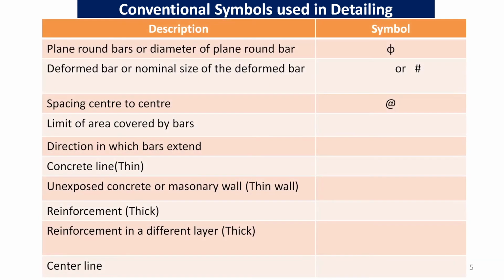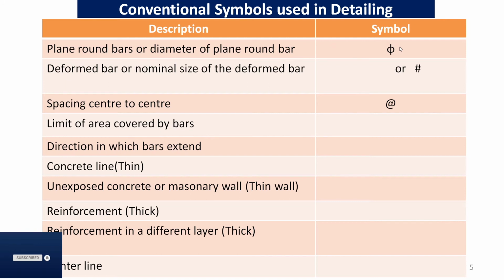Next we will see the conventional symbols used in the detailing. These are very important for any civil engineer. First one, the diameter of a plain round bar. A plain round bar means mild steel bar, that is Fe250. When you are using Fe250, you have to use the symbol as represented here.